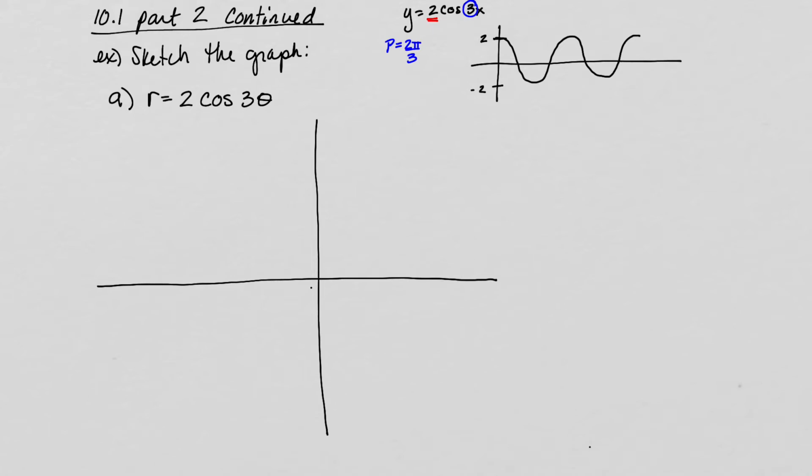And so that means one cycle, how long it takes the wave to start here, come down, and come back up to that same starting spot, used to take 2 pi, but now it's going to take 2 pi over 3. And in general, when you're graphing these, you want to make your axis go all the way out to 2 pi. So we might need to draw more iterations of this curve.